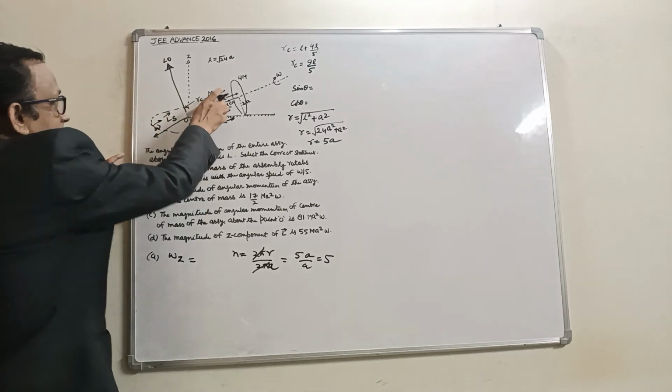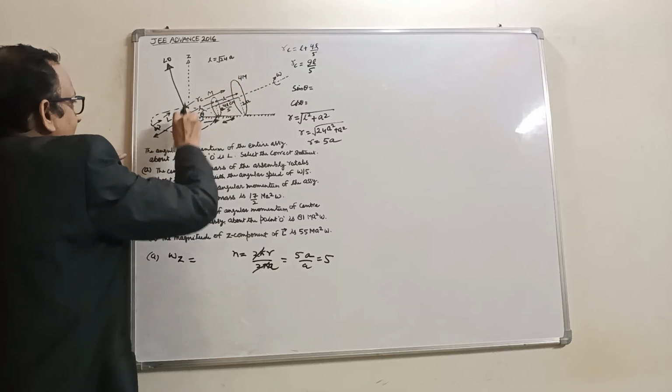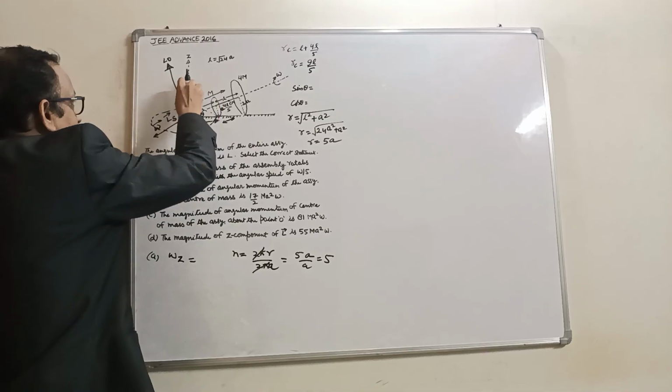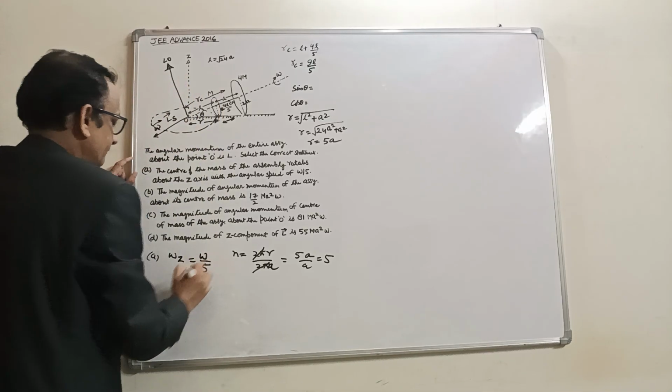So if the spin angular velocity is omega, the angular velocity about the z axis would be omega by 5.